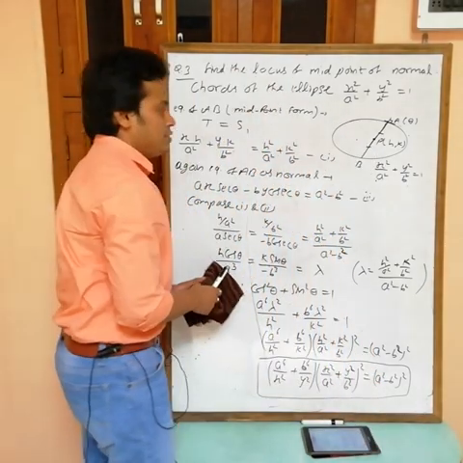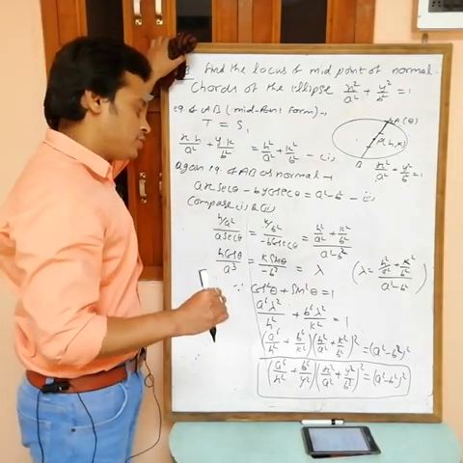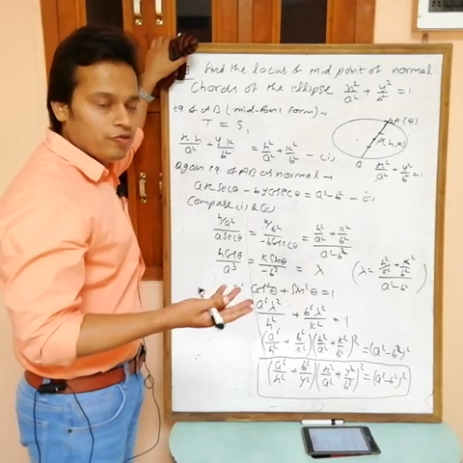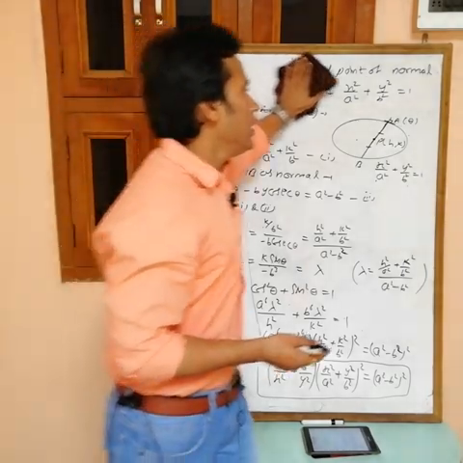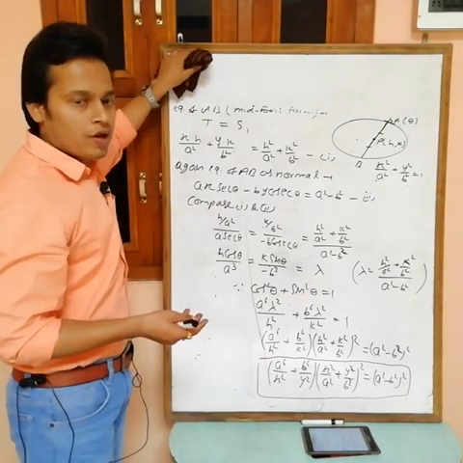Okay, so this is the locus. So to find the locus of any point we have 3 steps. First assume the point h comma k, then find the relation between h and k, at the end replace h with x and k with y. Okay, done.